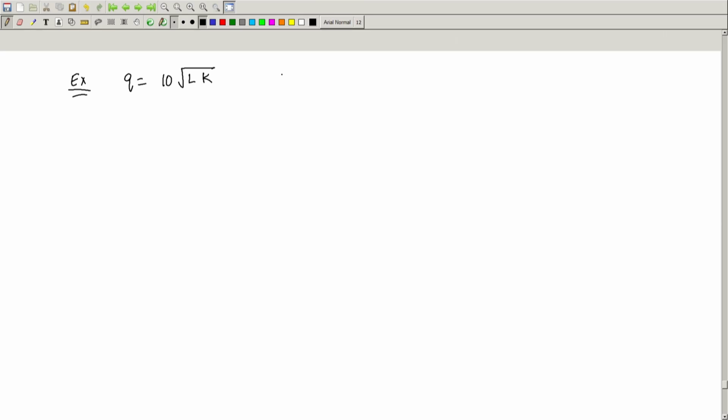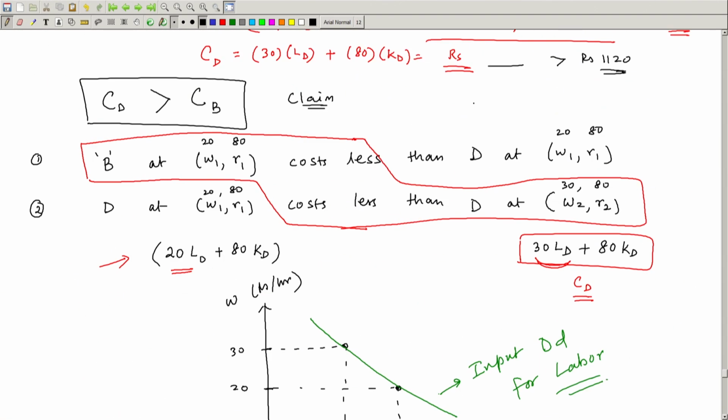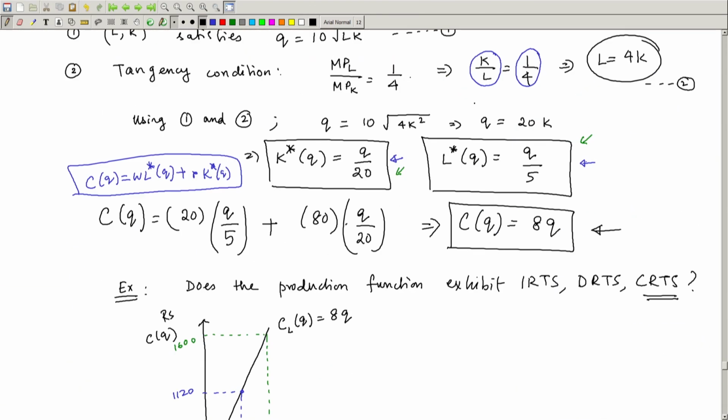The input price of labor was W equals 20, and the input price of capital was R equals 80. We have solved the example of the long run cost function. If you recall, the long run cost function, CL as a function of Q, was 8 times Q.